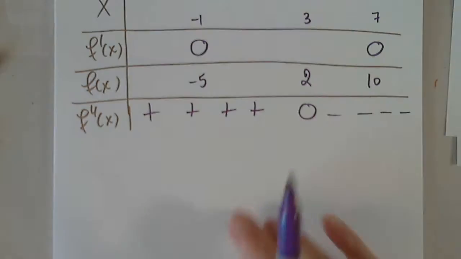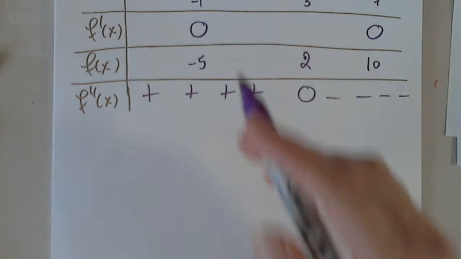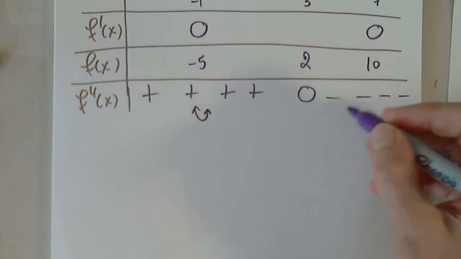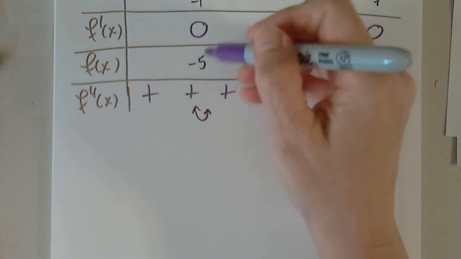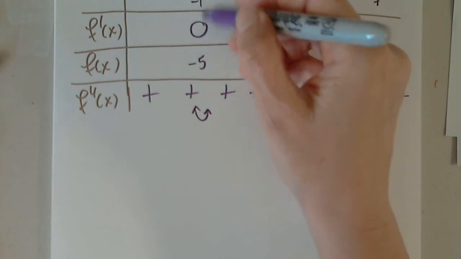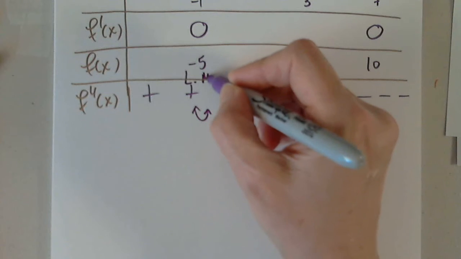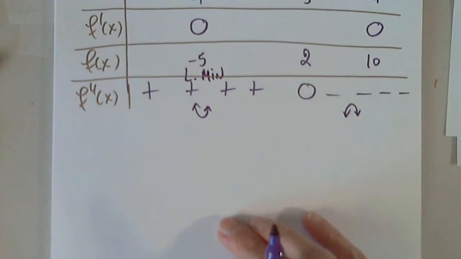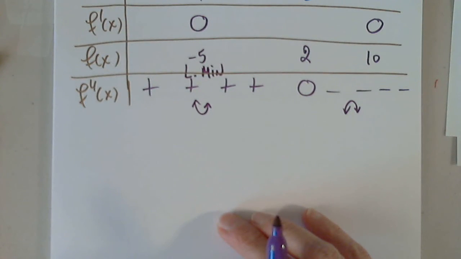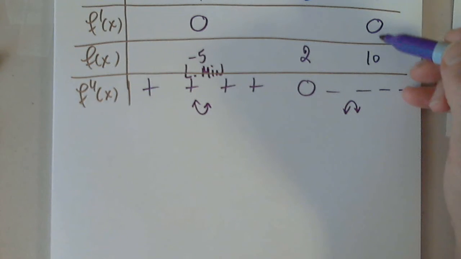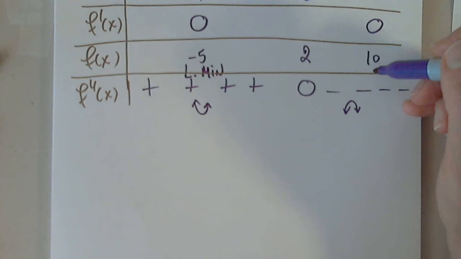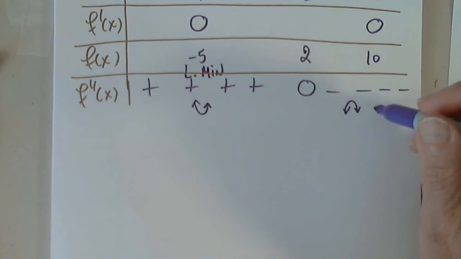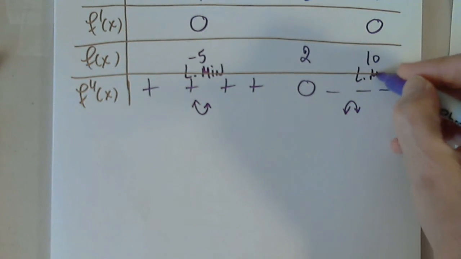Done. Okay. So obviously, this is the situation. If that's the situation and this is a critical number, at -1, -5 must be a local min. At 7, there is another critical number, and the function opens downward, so this must be a local max.